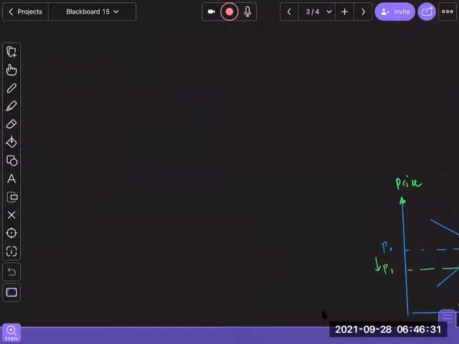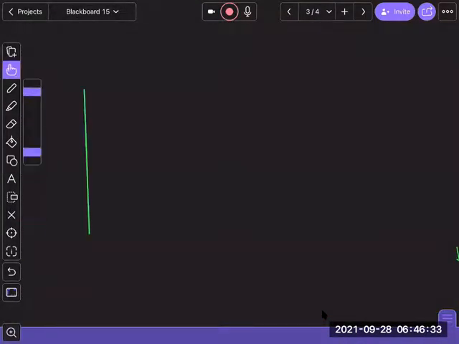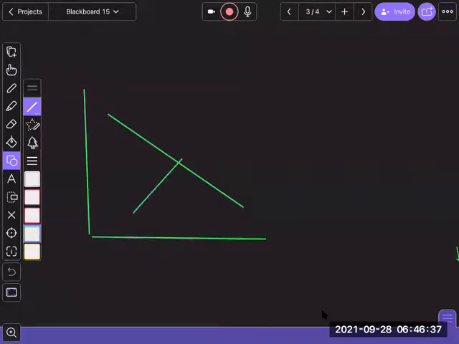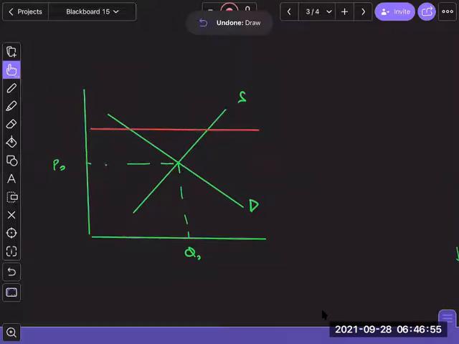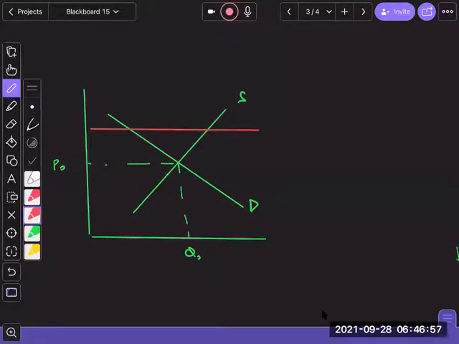Let's talk about that. So guys, how can you become an exporter? Let's say this is demand and supply, and this is your price and quantity. Now, if the world price is PW, what happens, guys?